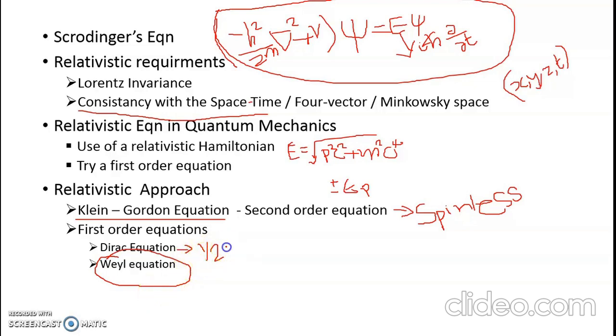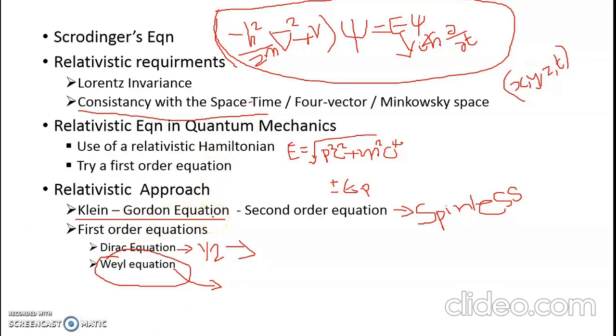For example, the electron will be satisfying the Dirac equation, while the Weyl equation is satisfied by spin half particles having zero rest mass. For example, this is the equation satisfied by neutrinos and antineutrinos.